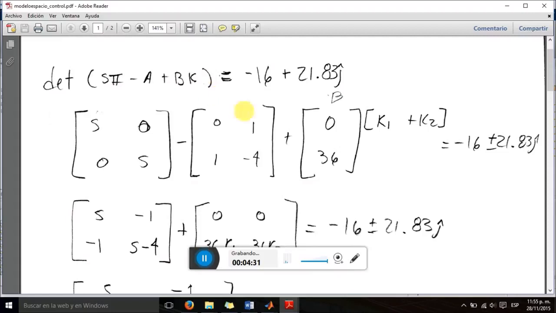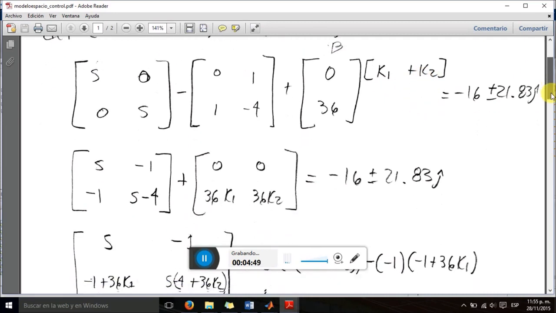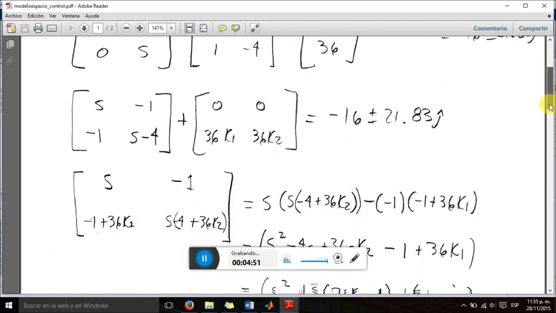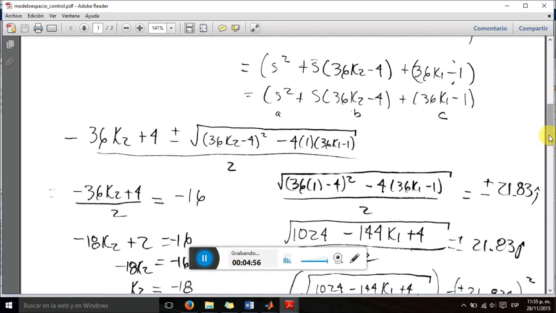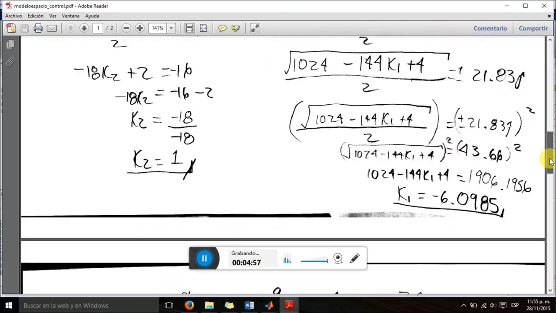Okay, so we have the identity matrix, and we subtract the A matrix and add the multiplication of B, that was initially obtained by the state space model, and with that multiplication we can make some operations, and then finally reach the values of K. In this case, this is K1 and this is another K.